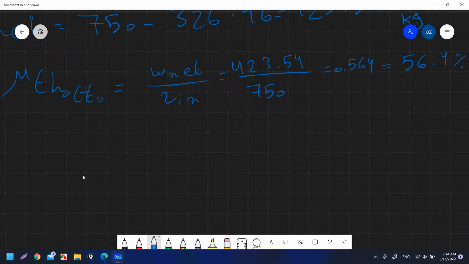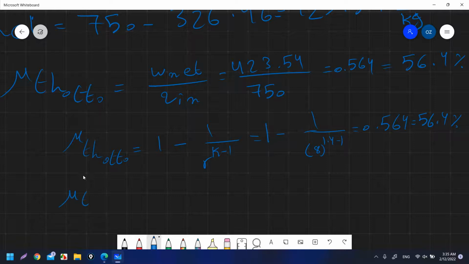Let's use the other equation: 1 minus 1 over r^(k minus 1), which equals 1 minus 1 over 8^(1.4 minus 1), and it will also give you the same number, 56.4%.